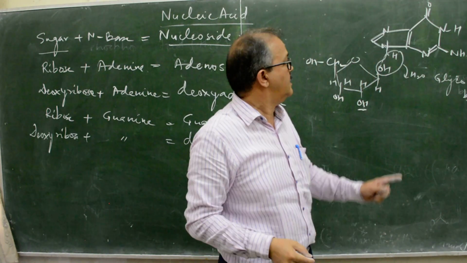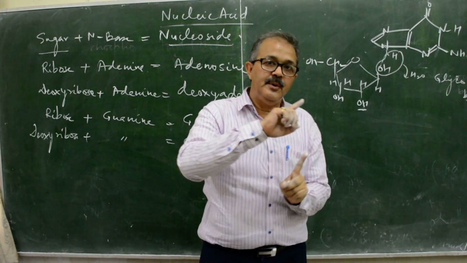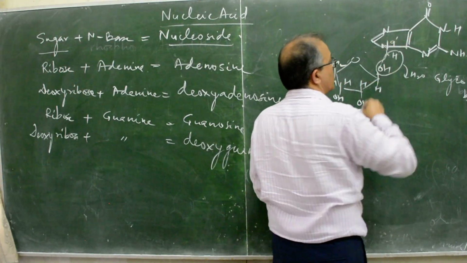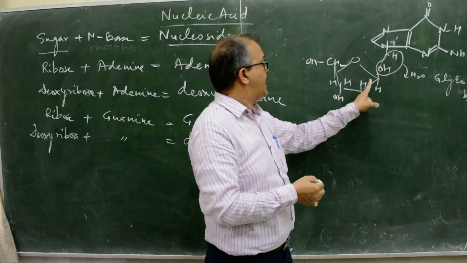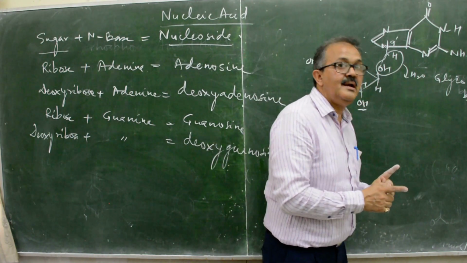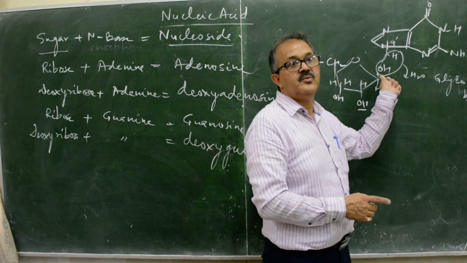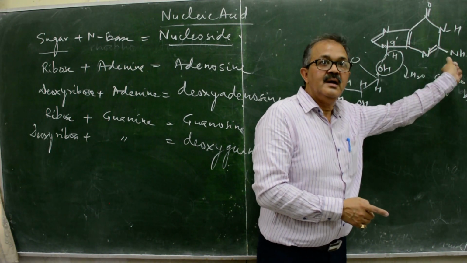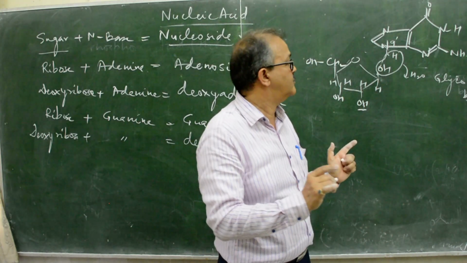The glycosidic bond is between the 9th position of the purine, either adenine or guanine, and the first carbon. Always remember that the first position of the sugar will interact with the nitrogen bases, whether adenine, guanine, cytosine, thymine, or uracil, any of them.